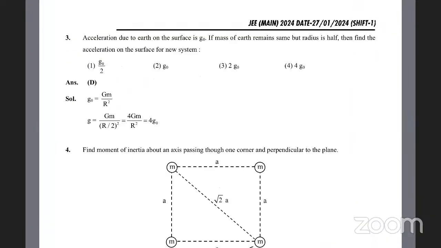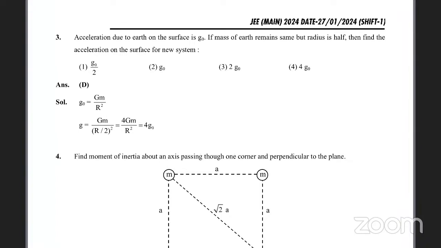Look at the next one. The acceleration due to gravity on the Earth's surface is g0. The mass of the Earth remains the same, but the radius is half. Then find the acceleration on the surface of the new system. This is based on g equals capital G M by r square.